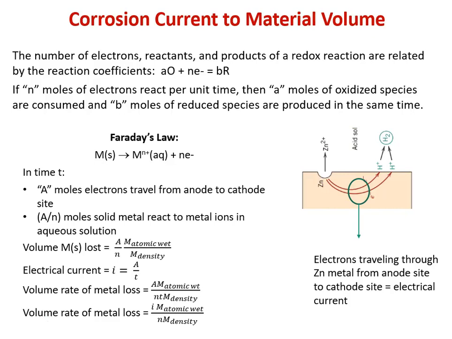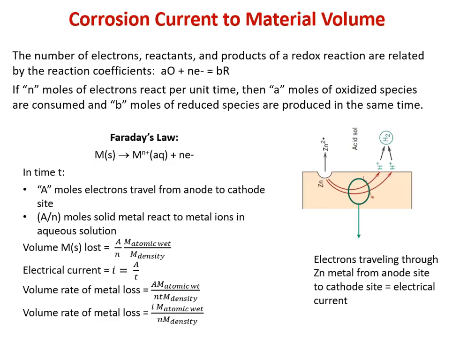So we have A over N moles of solid metal reacting to metal ions in aqueous solution in our time t. So we could use the density of the metal and the atomic weight to relate that to the volume of metal lost. So we'd have A over N times the atomic weight of the metal, and that should be W T, not W E T. It's atomic weight, not atomic wet, over the density.